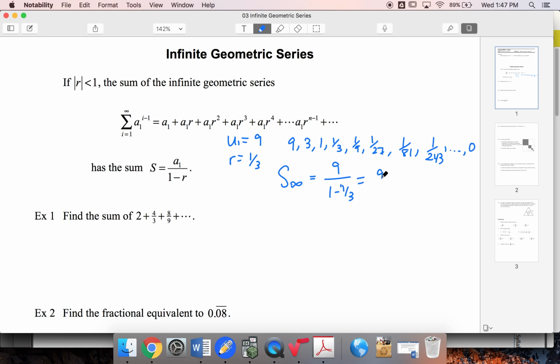So that's going to be 9 over 2/3, which is 27 over 2, which is going to be, what is half of 27? 13.5. So basically we're saying when we add all these numbers, it's going to approach 13.5.